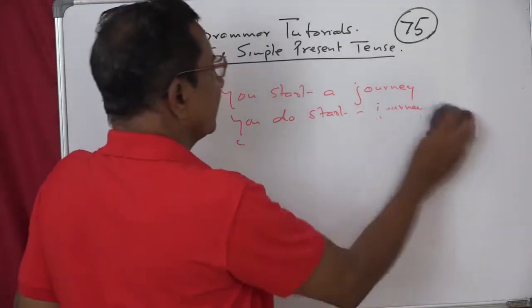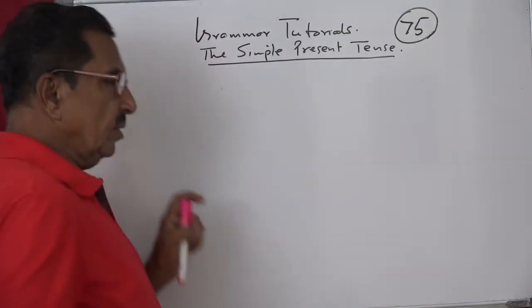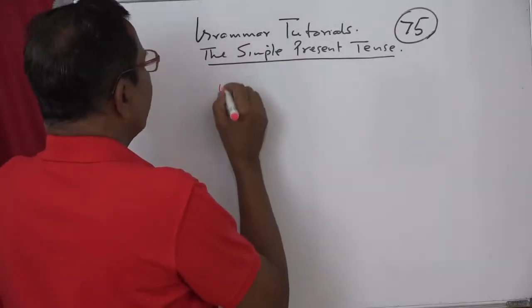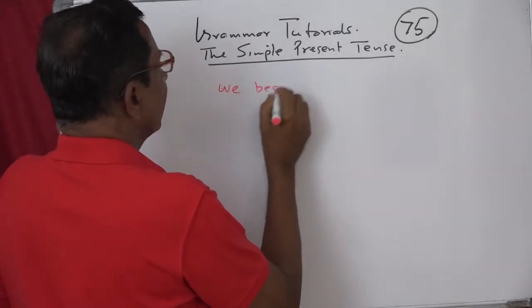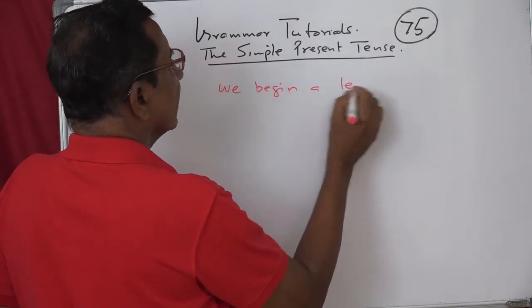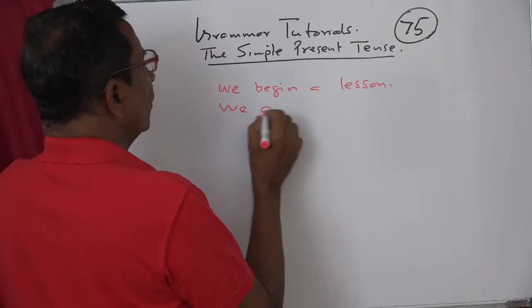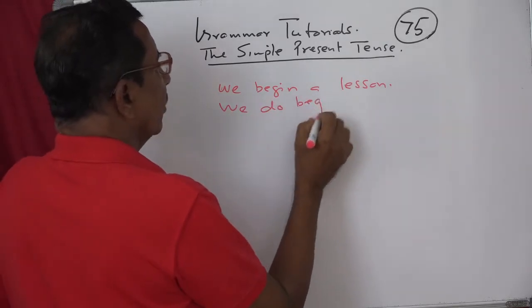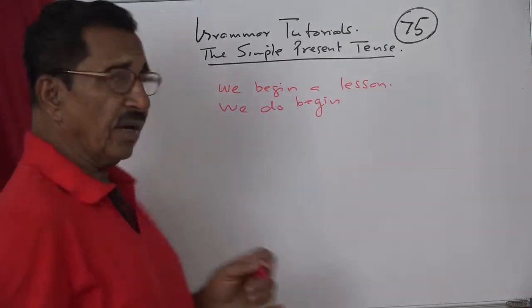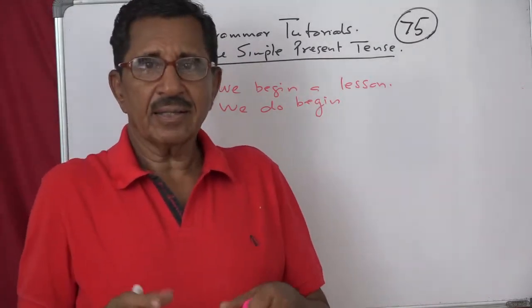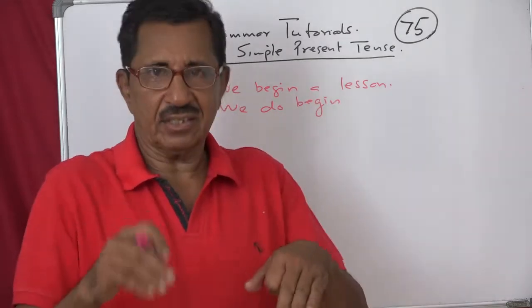Next one. We begin a lesson. We do begin. So you will ask me from where did you get do? You insert it. Like that, from where did you get not? You insert it.